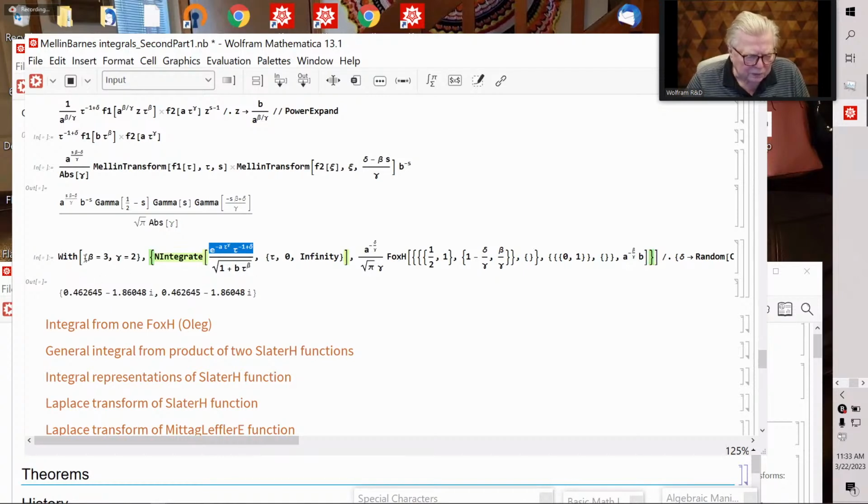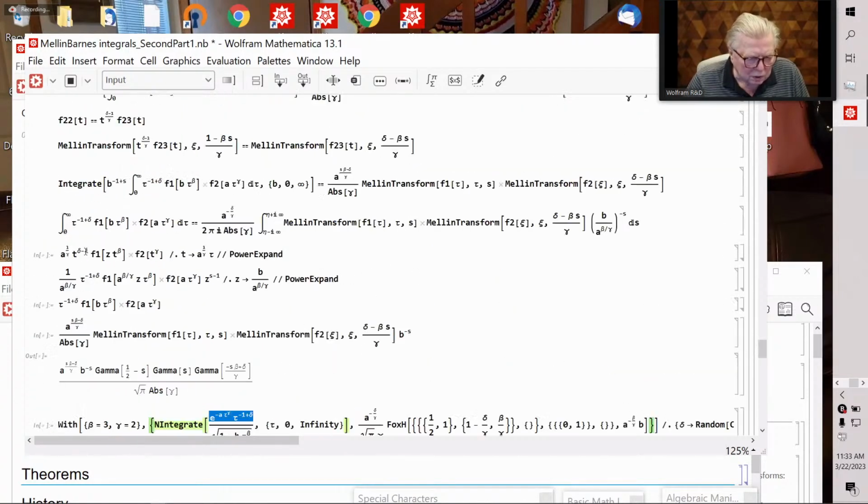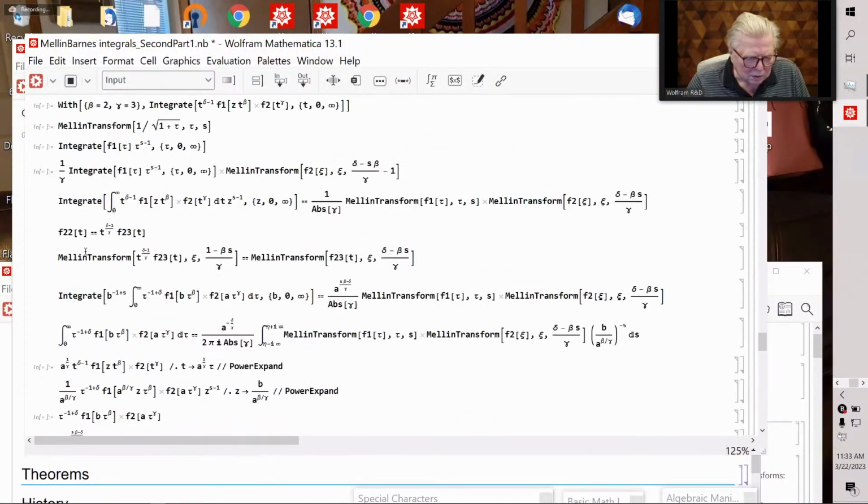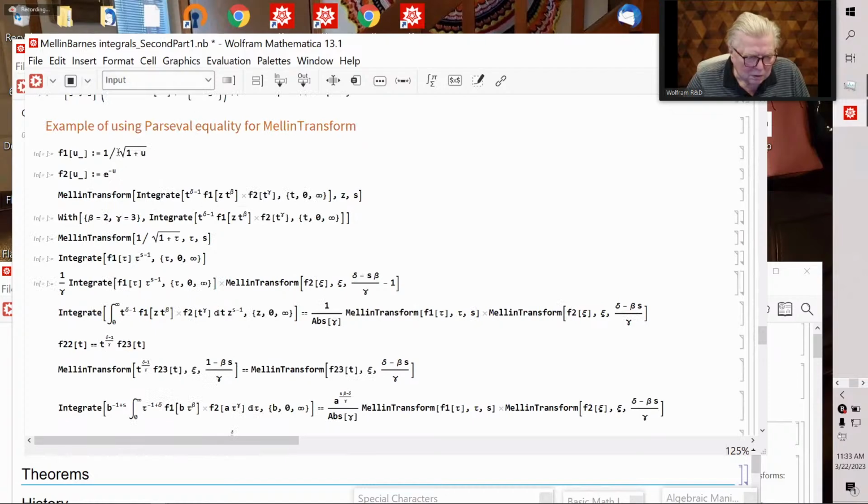If we have one function equal to this one, the other function this one, the Mellin transform of this, it should be a formula here.